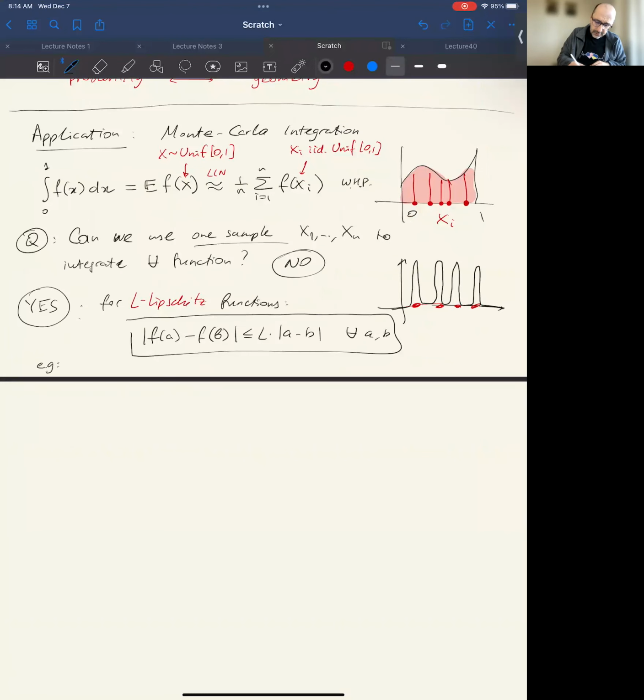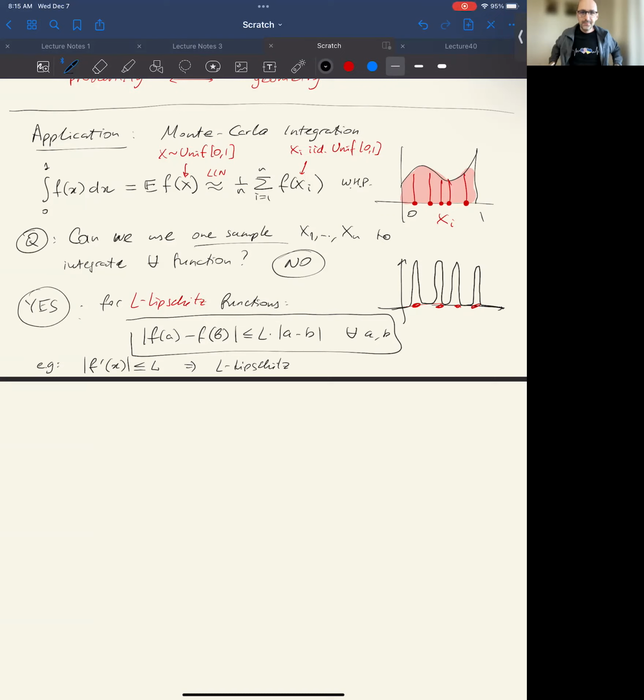If you are not very familiar with this, any differentiable function is automatically Lipschitz. And if its derivative is uniformly bounded by L, then the function is L-Lipschitz. Just divide both sides by a minus b and let a be close to b, and you'll see the derivative coming up.